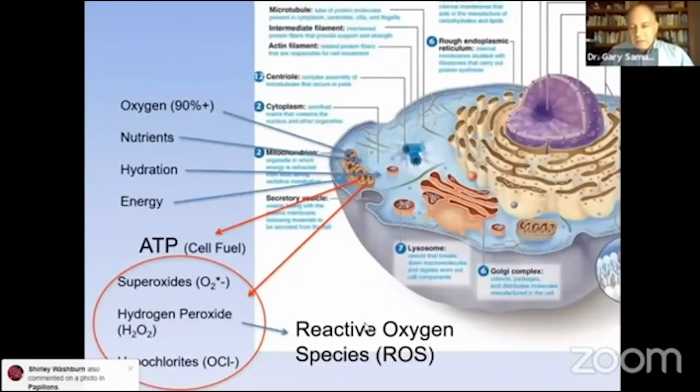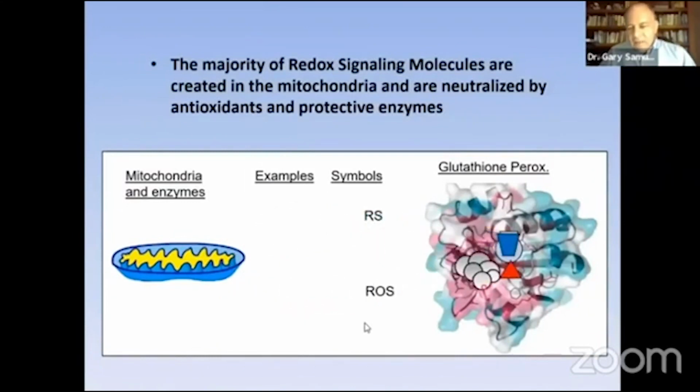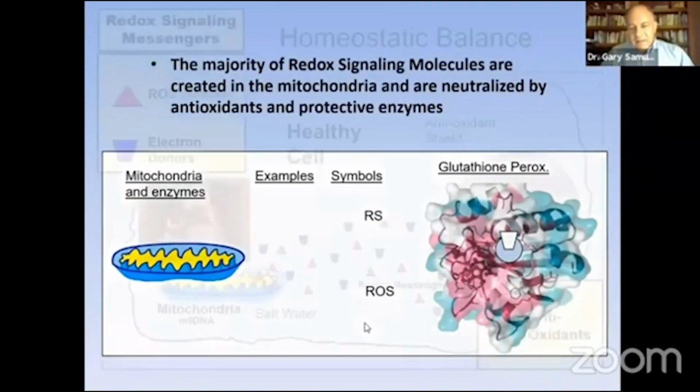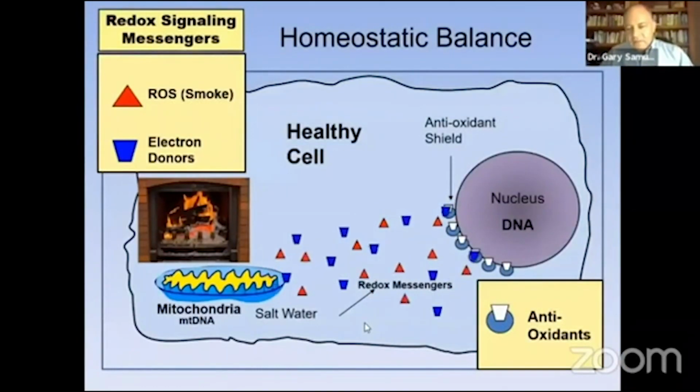Most of these are produced while the metabolism is producing sugar and creating superoxides and such. And these are being created by the mitochondria, and then they're being eliminated by the antioxidants. Inside the cell, there's a continual process of creation and elimination of these redox signaling molecules.